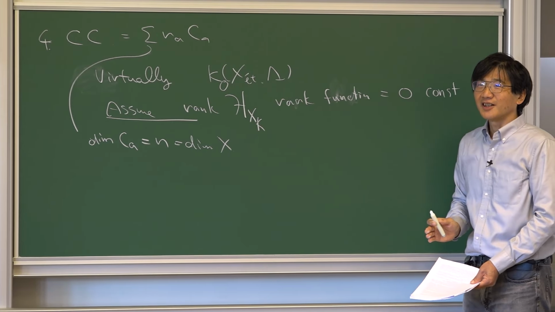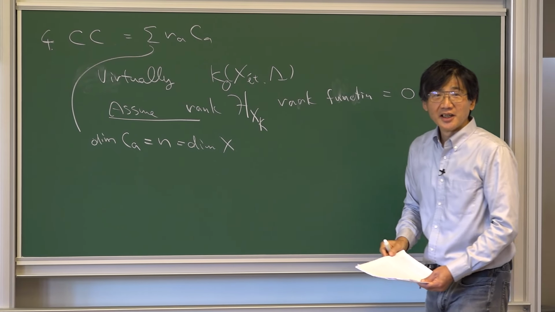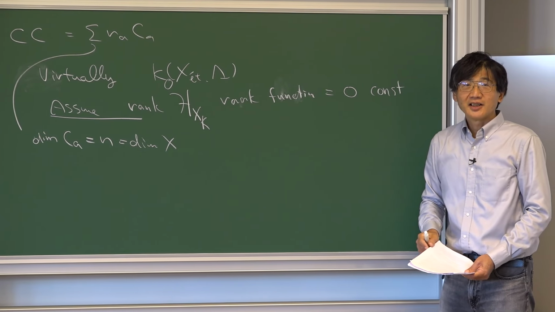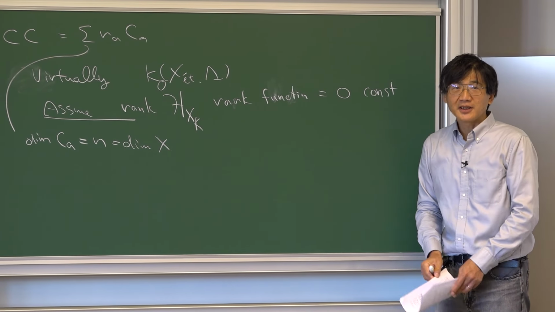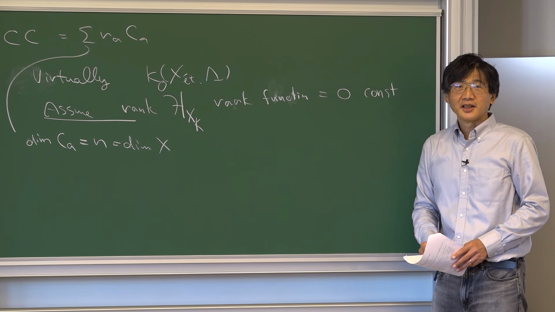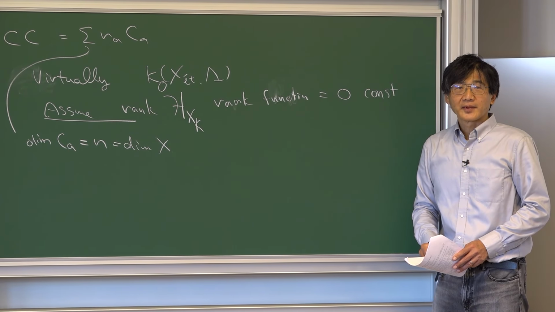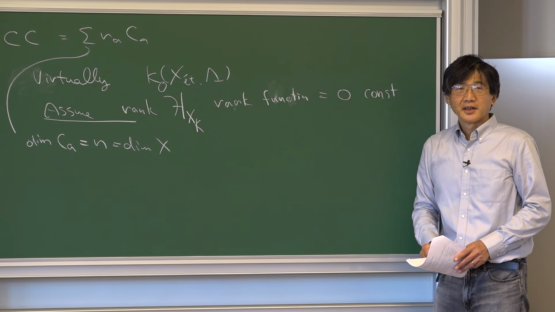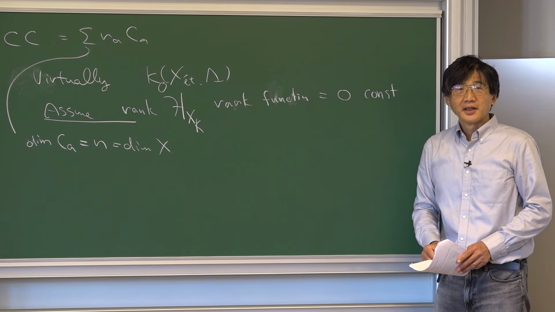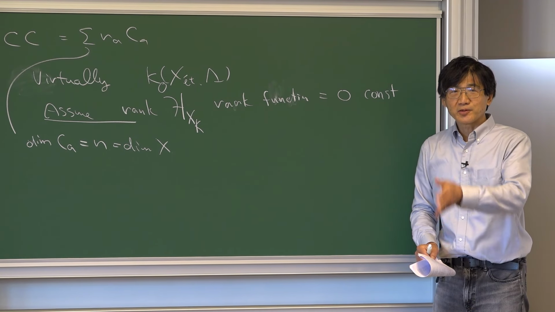Okay, so if the rank function is 0 on the generic fiber, this means the class in the Grothendieck group on the generic fiber is zero.